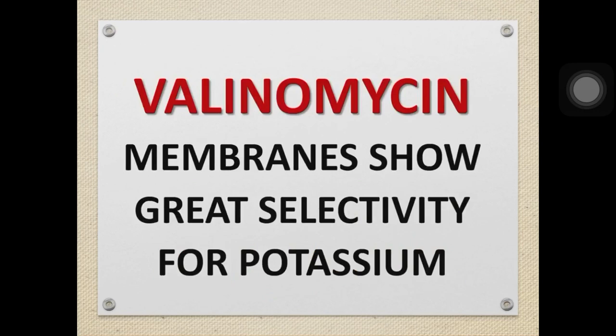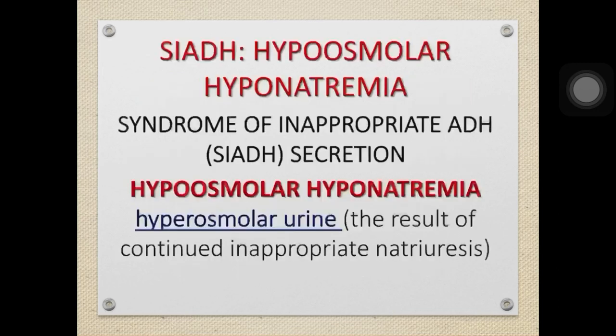Ang membrane that shows selectivity for potassium is valinomycin. Syndrome of inappropriate ADH secretion. Lilinawin ko lang po, mababa po dito yung sodium, hyponatremia. Mababa din po dito ang serum or plasma osmolality.